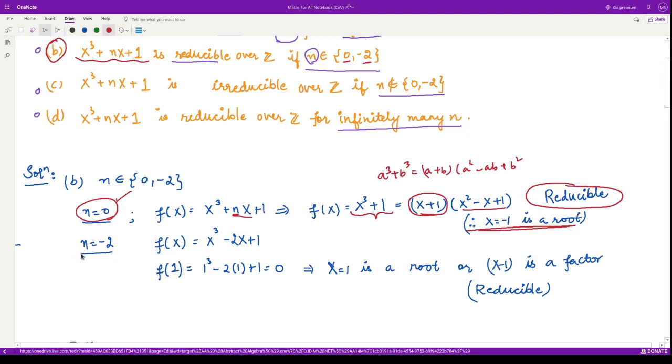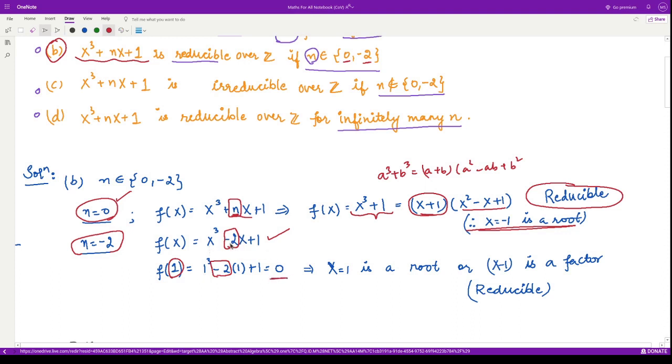Another thing, when we substitute n is equal to minus 2 in the given polynomial, we have this term. Now we need to check for a root. We can go by the hit and trial method. You'll see when you substitute 1 into this polynomial, you'll obtain 0.